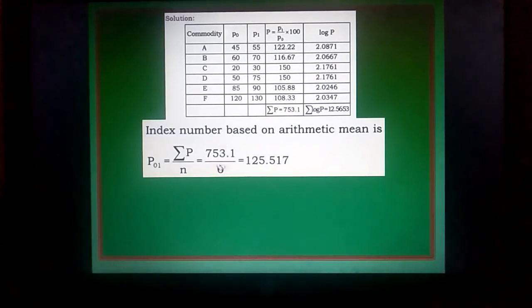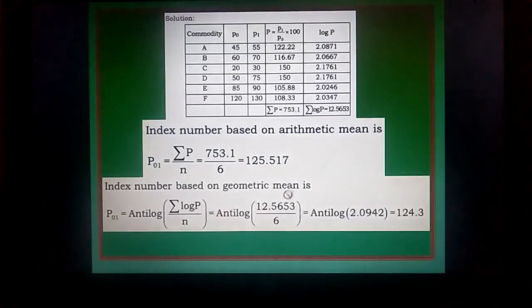When you perform 753.1 divided by 6, it is nothing but 125.517. Next, when it is based on geometric mean, antilog as it is, sum of log P is 12.5653, substituted, divided by 6. This simplification gives 2.0942.